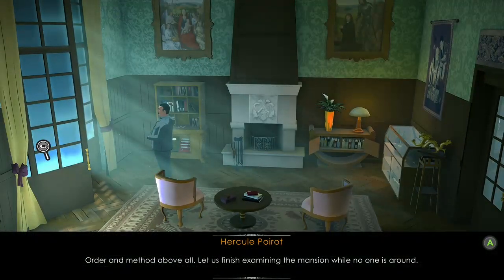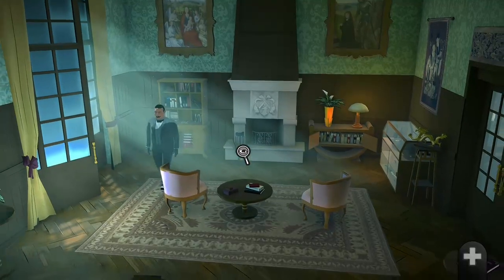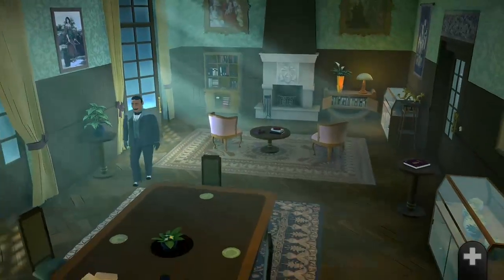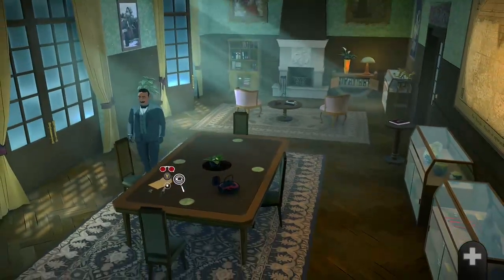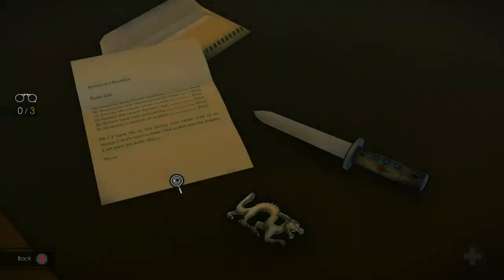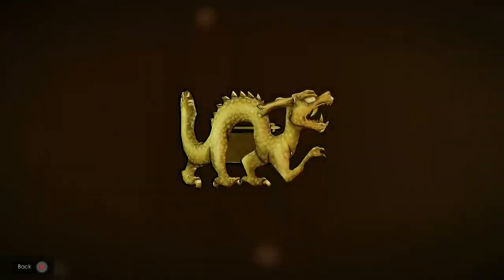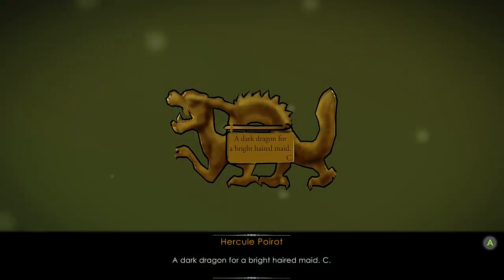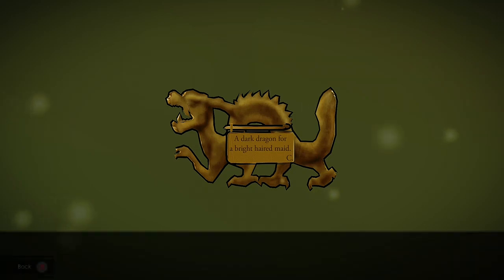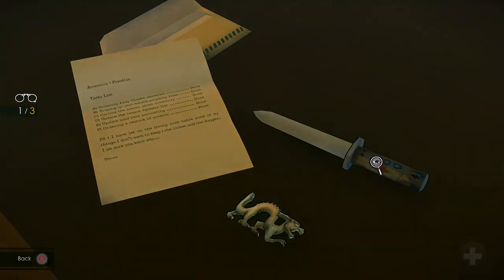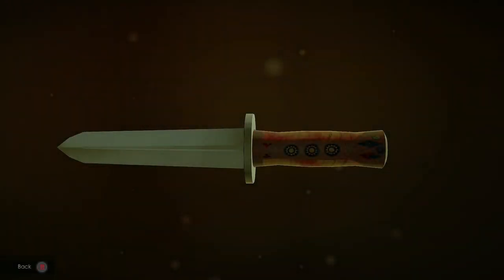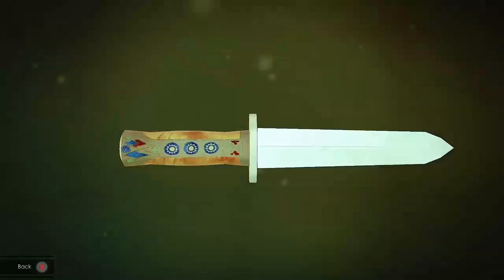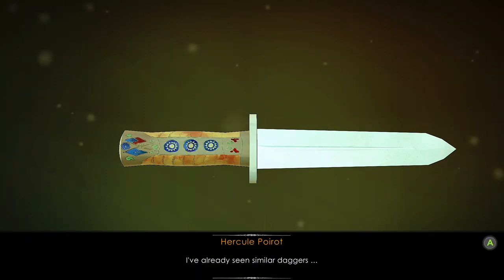Order and method above all. Oh, hello. A dark dragon for a bright-haired maid. C. I've already seen similar daggers.